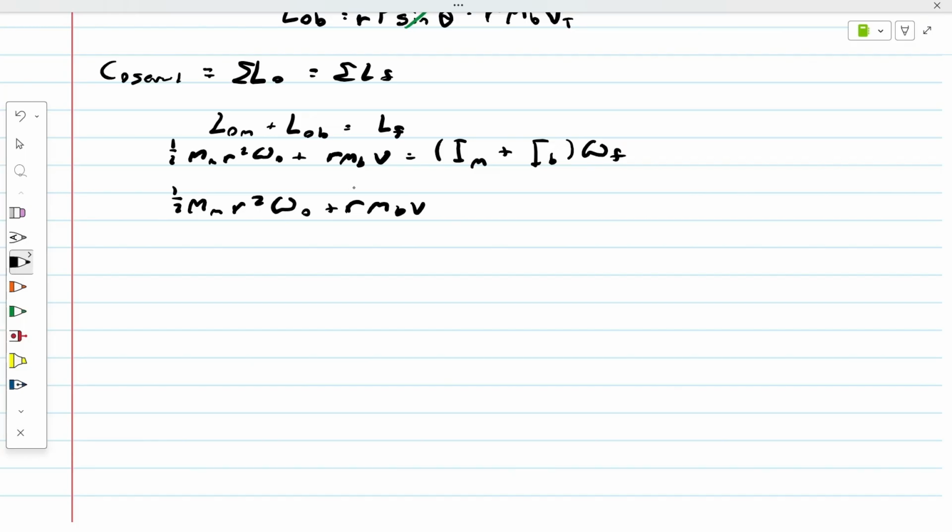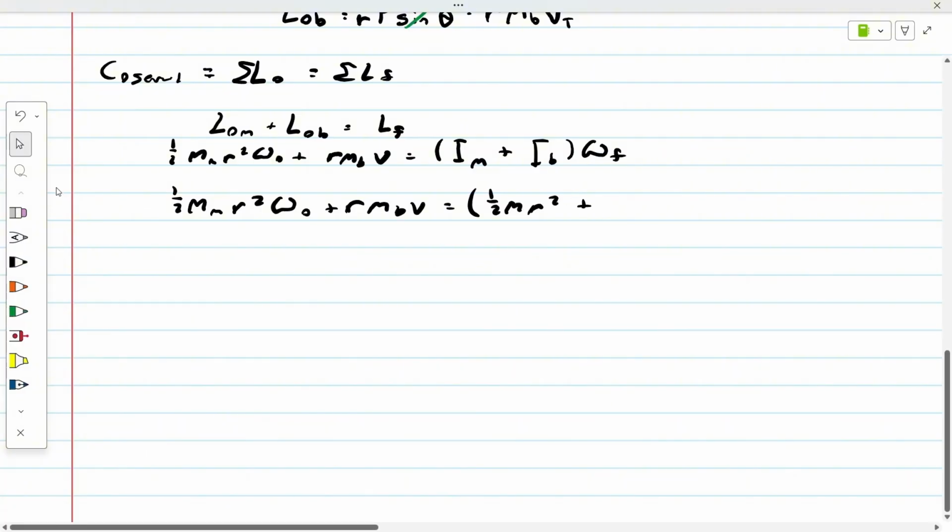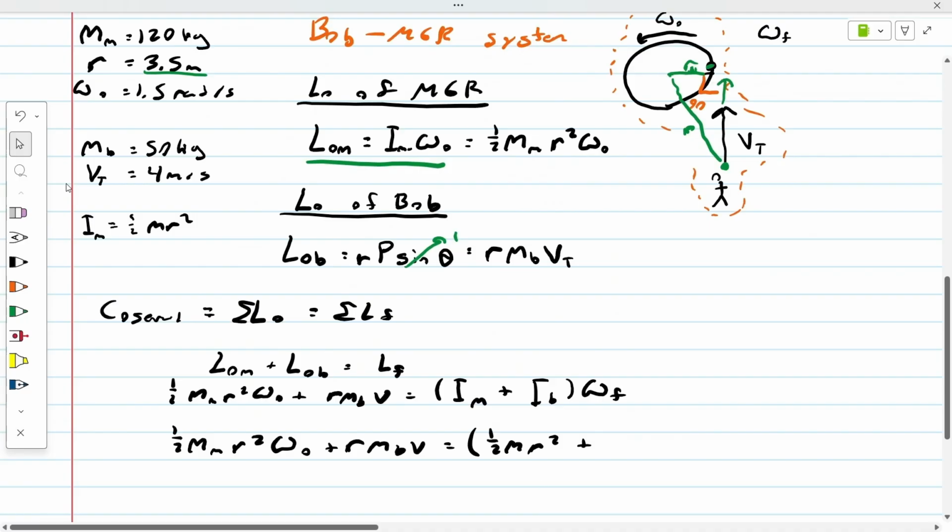Okay, and so we know the rotational inertia of the merry-go-round because we were given that in the equation. But what is the rotational inertia of Bob? Well, if we think about it, we can treat Bob as a point particle at his center of mass. And as he's traveling, he's just one point of mass traveling around a point.